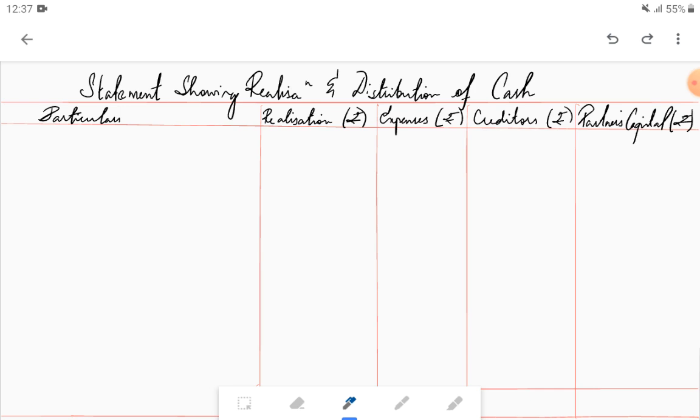So in the particulars column, you'll be writing the date of your balance sheet, which is 30th of November 2013. Against this date, we're going to write the reason why we have this date here. It is because it is an amount of cash in hand. This is the date we're getting from the balance sheet.